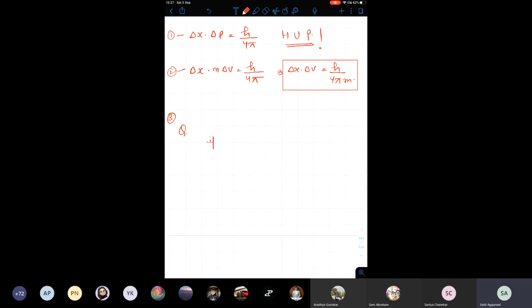अगर हम क्वेश्चन देखें, if the change in position and change in momentum are equal, then change in velocity will be... expression you have to tell, not the value.